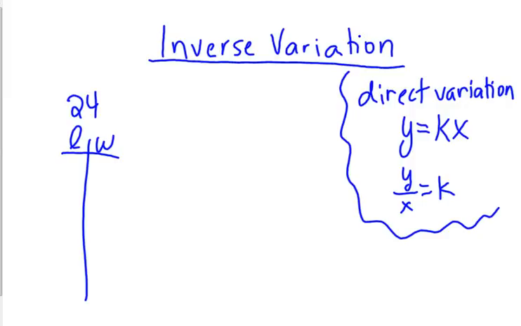Shannon, list 3 of the rectangles that you made. 6 by 4, 3 by 8, and 2 by 12. Okay. And Molly, give me 3 that you guys came up with. 1 by 24, 4 by 6, and 8 times 3. 8 by 3. And then how many more should we have left?